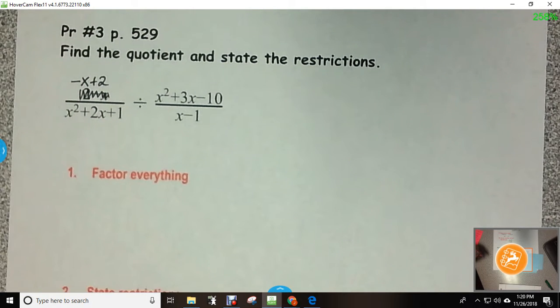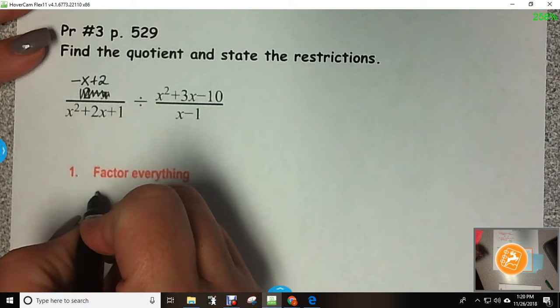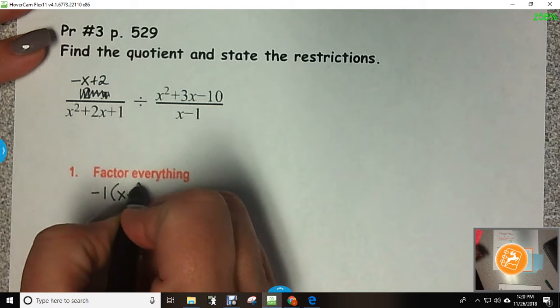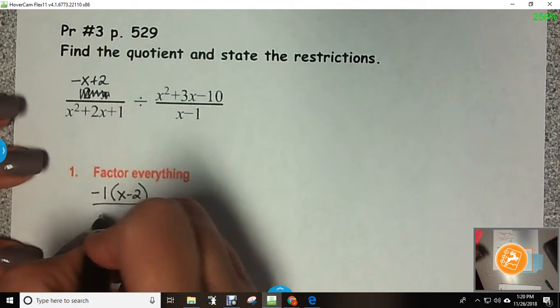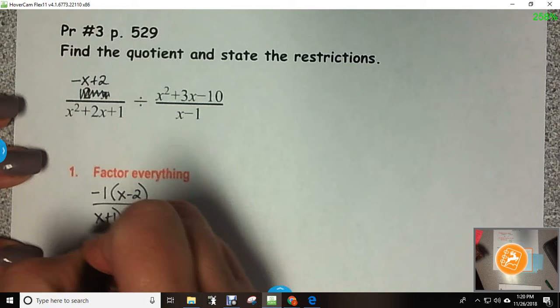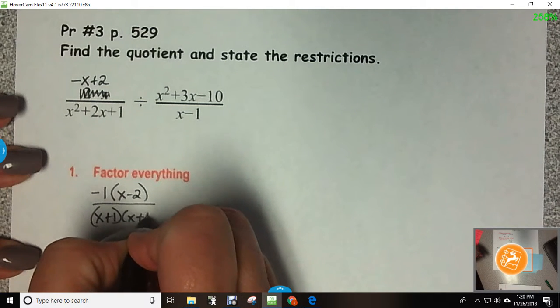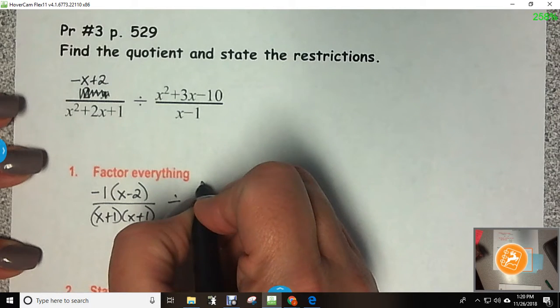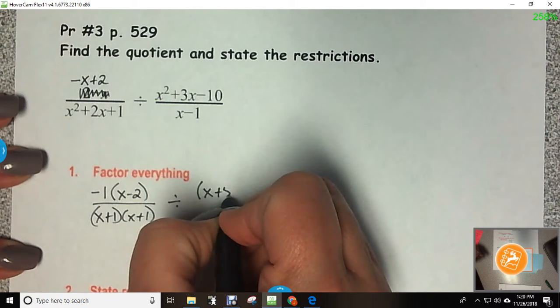So now step 1 is going to be to factor everything. So factor the top and the bottom. It's still a division problem. I'm going to factor the top of the next fraction.